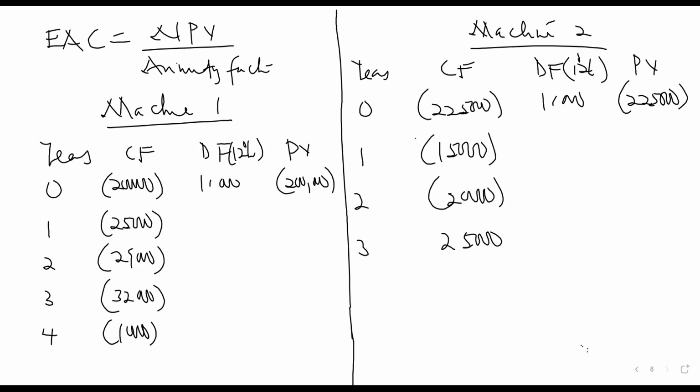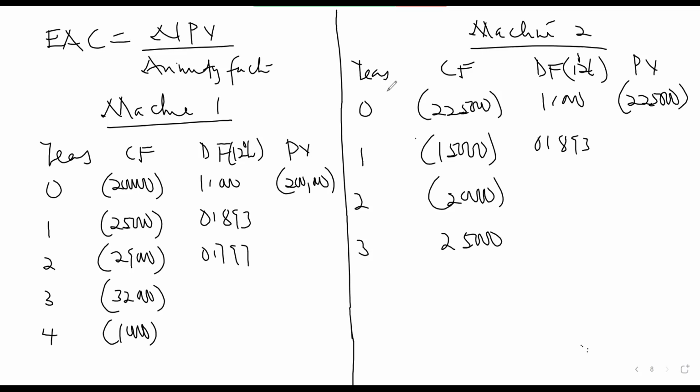Please, can we get the NPV fast? The discount factor for each of the years. So 1 divided by 1.12. I'm getting 0.893. Second year is what? 0.797.